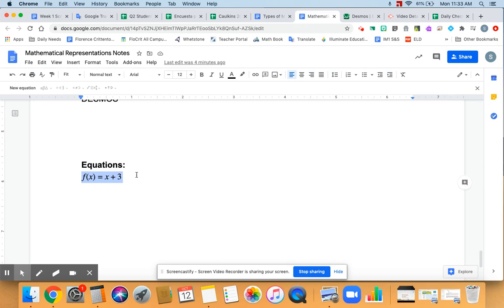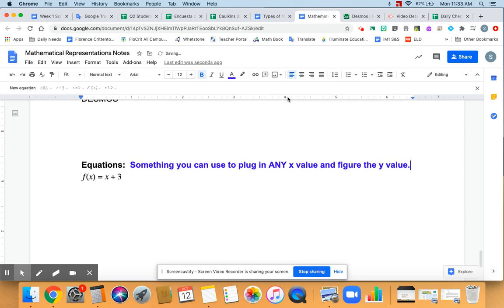But until then, the important part of the equation is that it's something you can use to plug in any x value and figure out the y value.